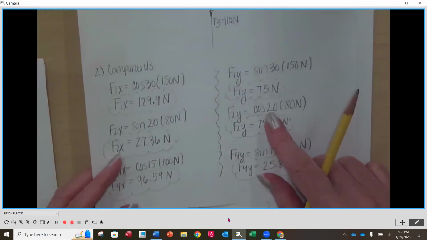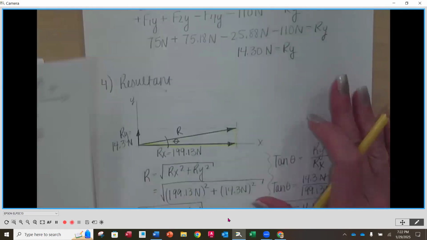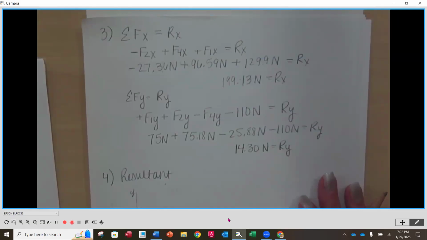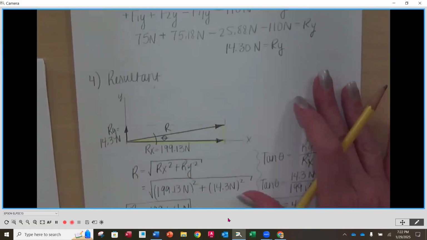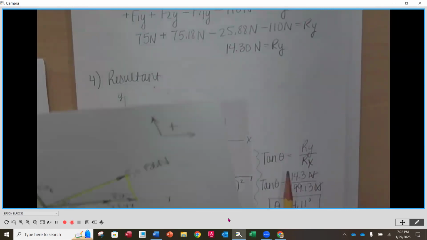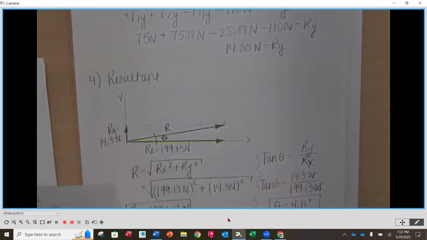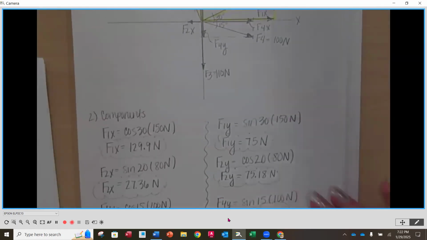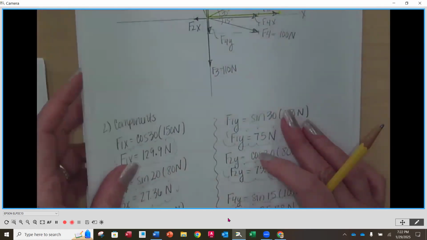Doing the components, which you will have already calculated based on 219. Then summing your forces in the X and Y direction, and then doing the final resultant. Okay. And then you have one more problem to do. All right. So any questions on 26 and 27, doing the full rectangular component method?